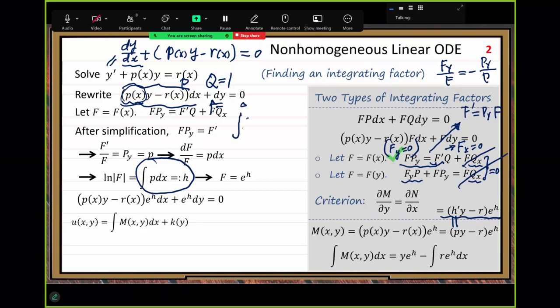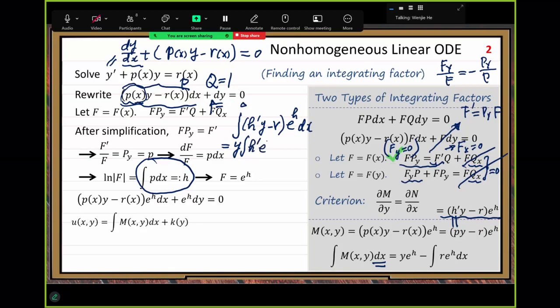Integral of h prime y minus r. But the integral, remember, is with respect to x. That means we treat y as constant, right? So y constant, you can take out, right?